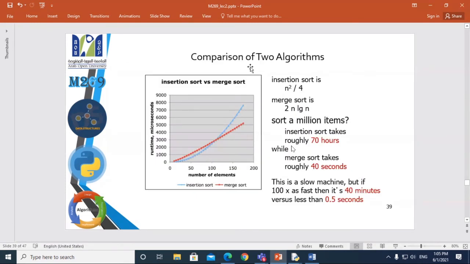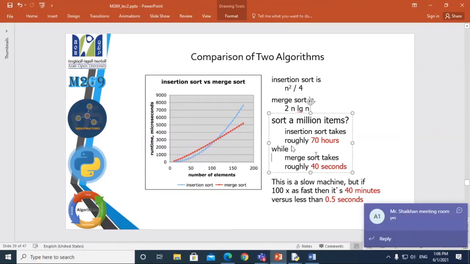هذه هنا طبعا comparison of two algorithms. تتذكروا في يوم من الأيام أخذتوا البابل سورت والانسيرشن سورت والسلكشن سورت، أخذتوها اعتقد. المير سورت سلكشن بابل سورت. اوكي بغض النظر. So if they compare between the two, which one is better, which one is faster, whatsoever. اوكي مثلا sort a million items.